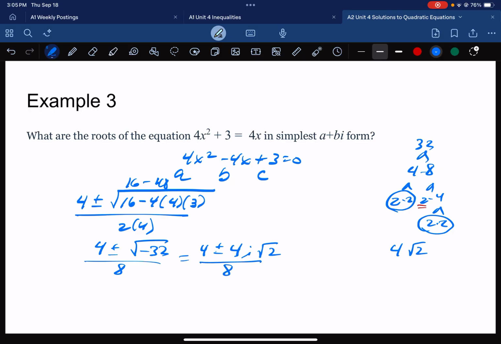And then notice the 4 and the 8 are all outside the square root. I can divide all those by 4. That gives me 1 plus or minus i root 2 over 2, which in a plus bi form is 1/2 plus or minus root 2 over 2 i.